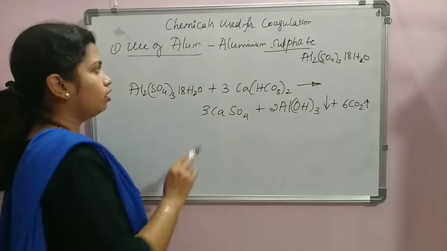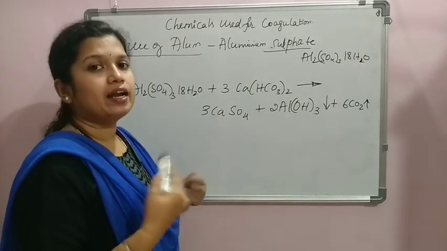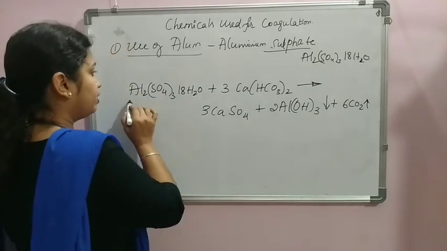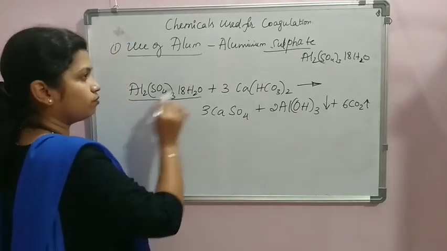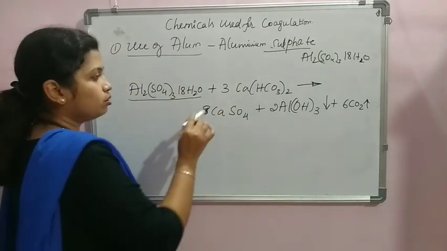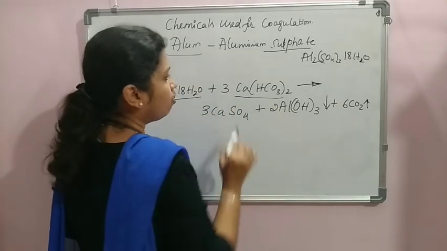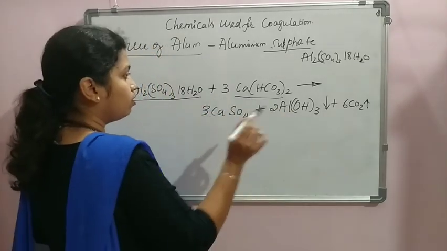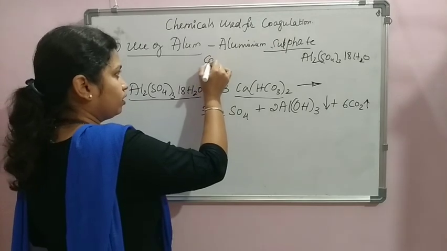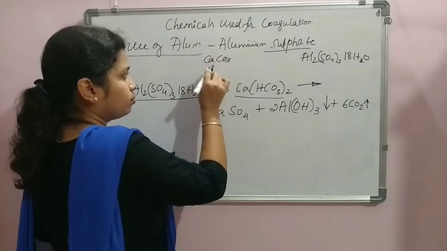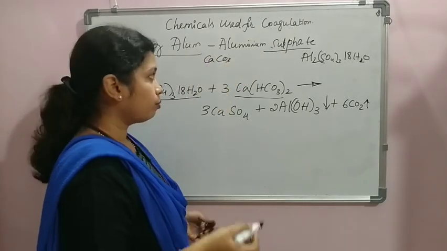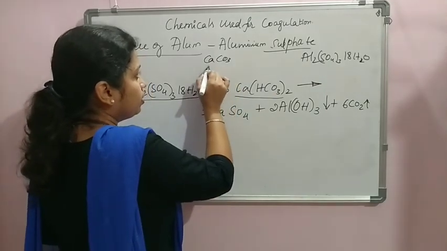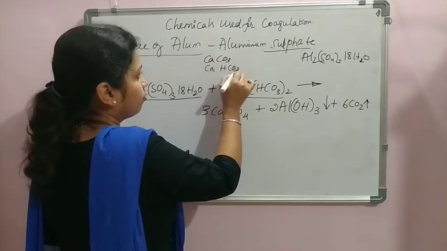Let us check out how the reaction takes place when we add alum into the water. Once we add alum into the water, it reacts with the bicarbonate alkalinity. We know alkalinity, that is CaCO3, may be in terms of calcium carbonate, or else in terms of calcium bicarbonate.